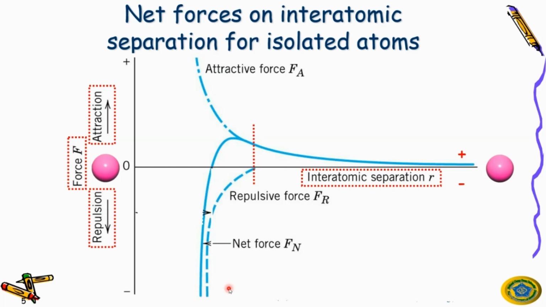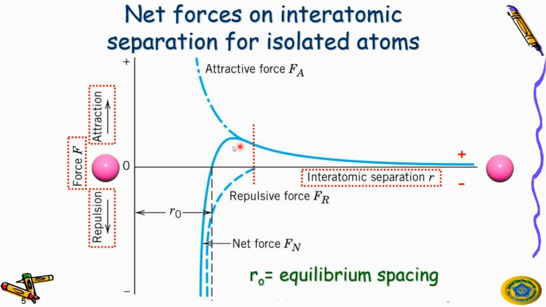There are some important things I want to share with you. When the net force line reaches the distance where the force is zero, what does that mean? The net force is equal to zero, right?